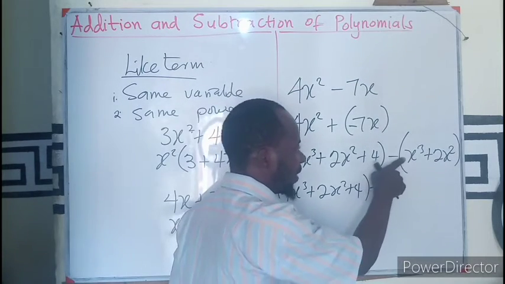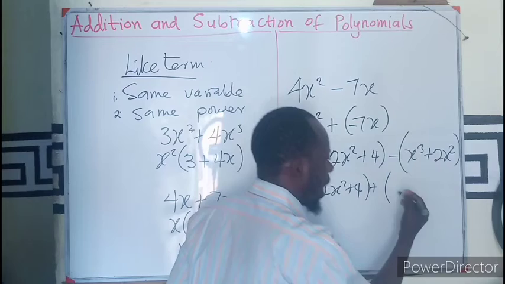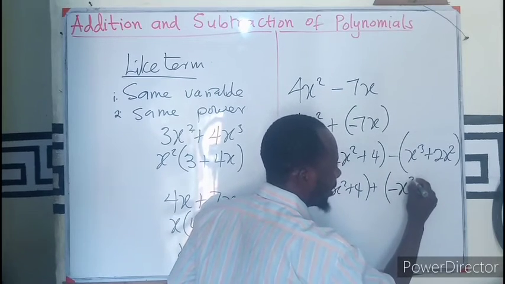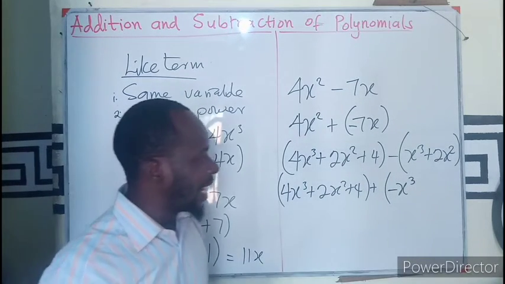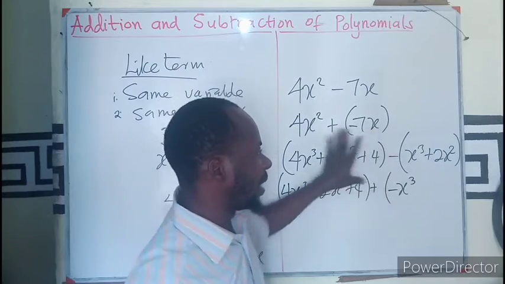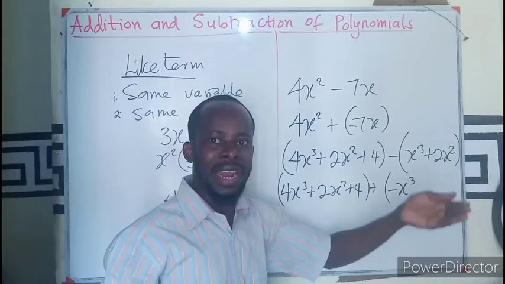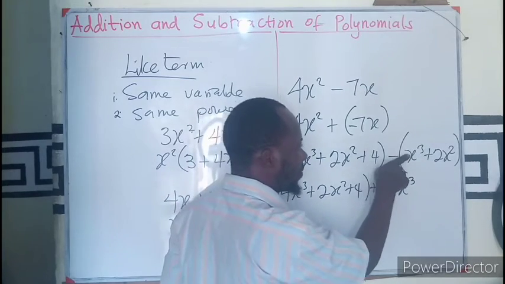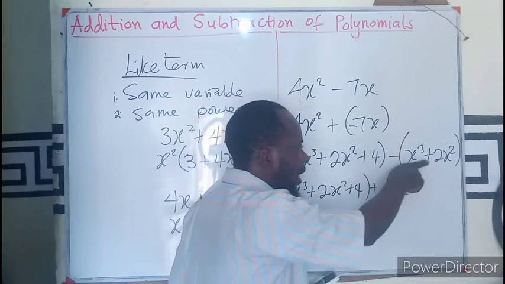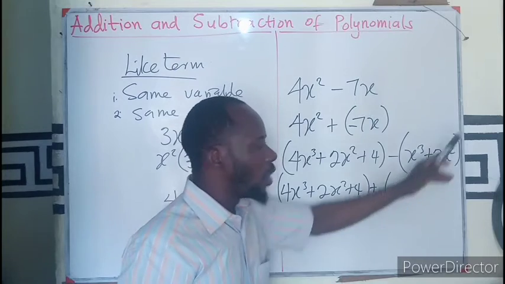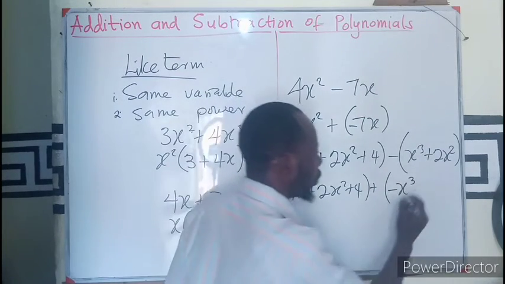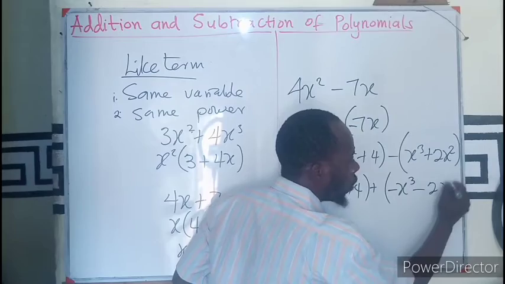If I shift this negative in, it becomes minus x to the power 3. And don't forget the negative here is affecting the bracket, meaning all the elements in the bracket are affected by the negative. So since I shift it in to the x to the power 3, it must also go to the 2x squared. So it also goes in to become minus 2x squared.